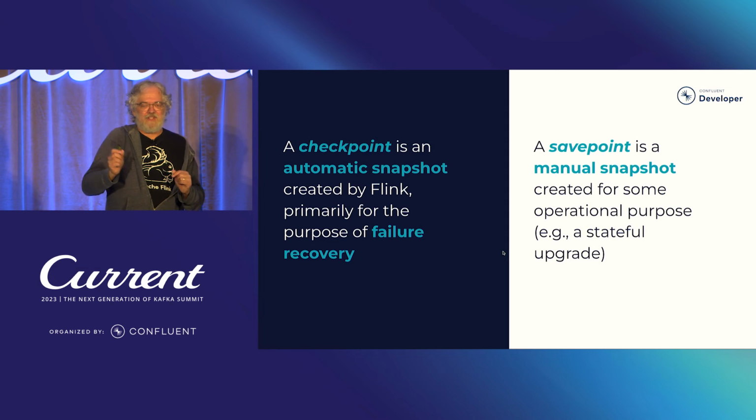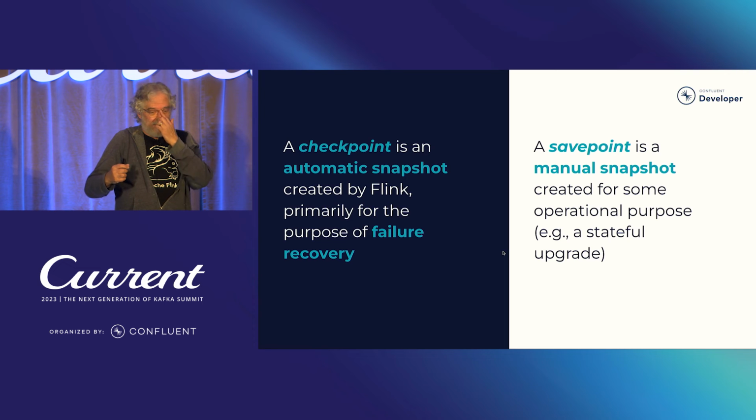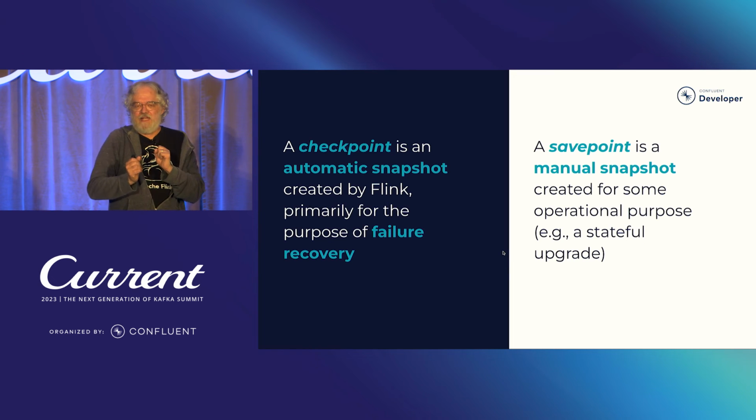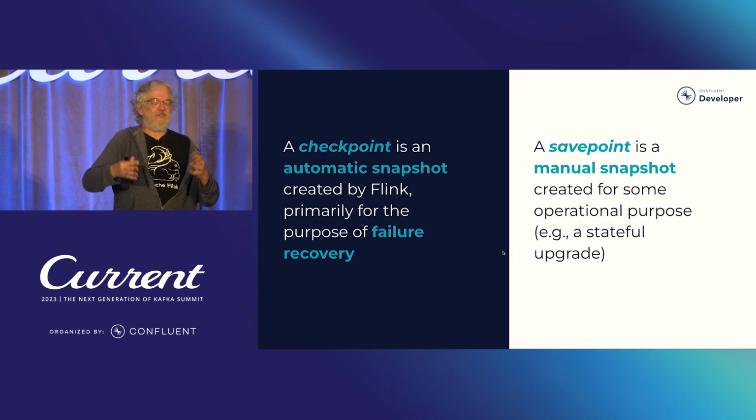A savepoint uses the same internal mechanism, more or less, to snapshot all the state, but it's a bit of a different kind of snapshot. The purpose of a savepoint is to give you maximum operational flexibility for working with the snapshotted data, because you might be doing an upgrade of your job, or an upgrade of Flink, and you need to make sure that the data will be able to be successfully re-ingested by Flink after you change the code and change the framework.